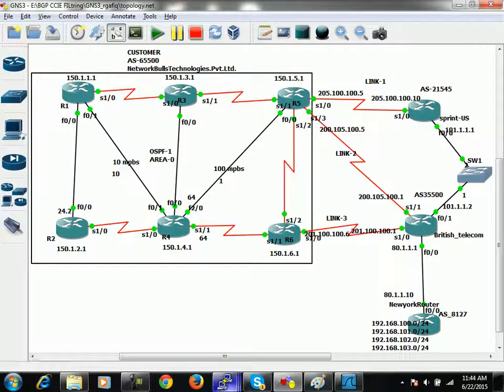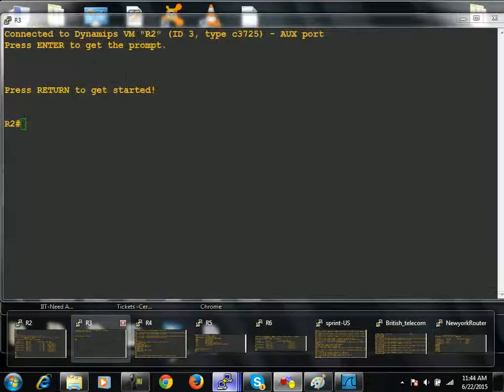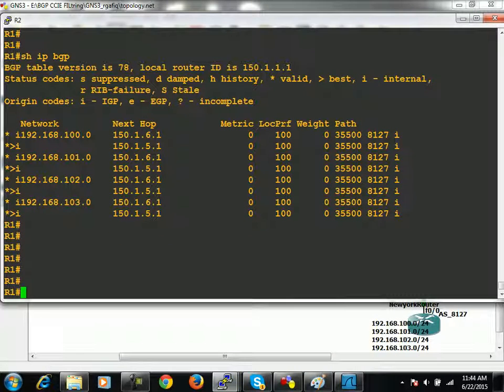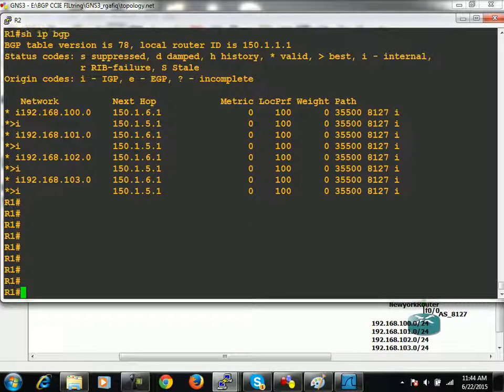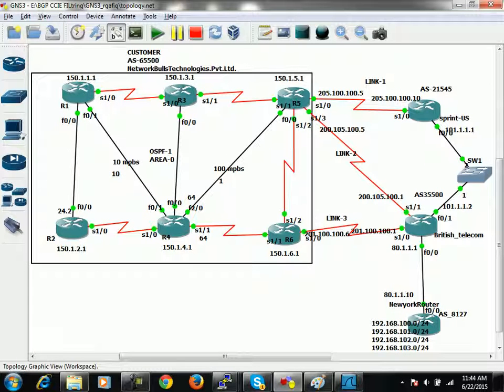So as I said, weight has local significance, and I have proved all these things. Next is local preference. You have also understood that weight is used just to manipulate outgoing traffic path selection. In the same manner, you can use local preference.